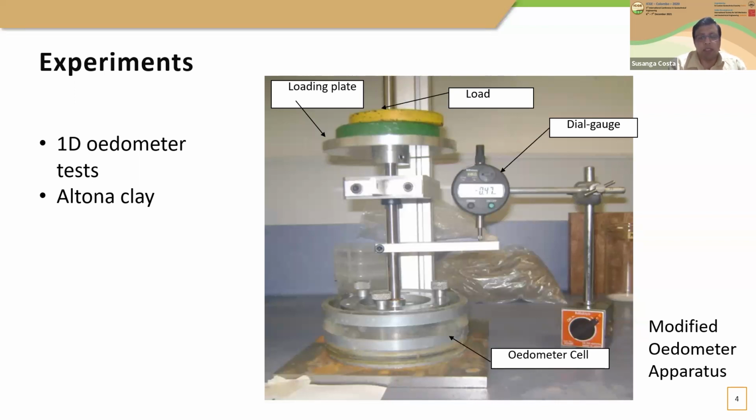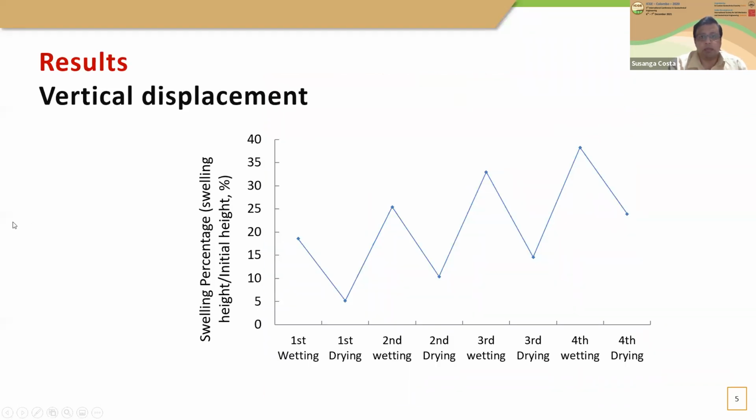For full details of the experimental procedure, please refer to the paper. I would like to start presenting the results from the vertical displacement. Here you can see the maximum and minimum vertical displacements observed during wetting and drying cycles.